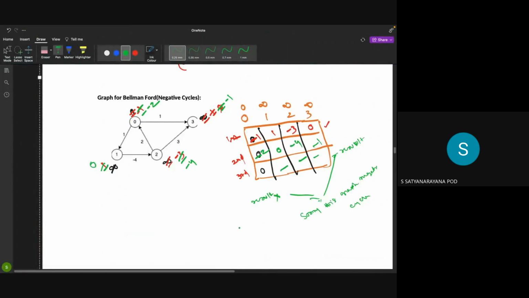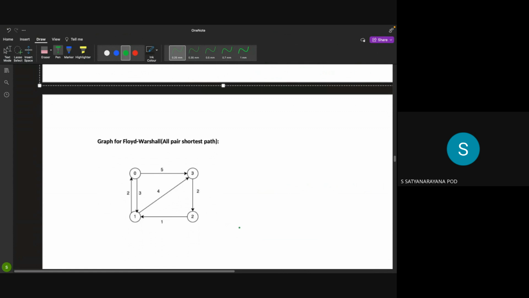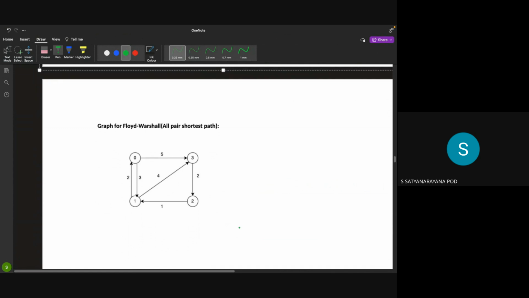But one interesting, simple and easy formula to remember: every time we find the path from each vertex to another vertex, there is a direct edge and an indirect edge. For example, we have 0, 1 and 2, with a direct edge maybe there.